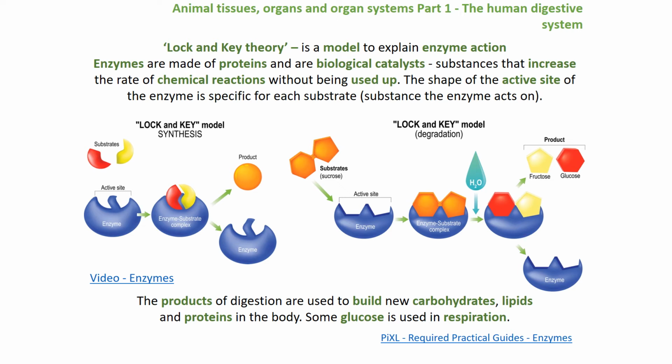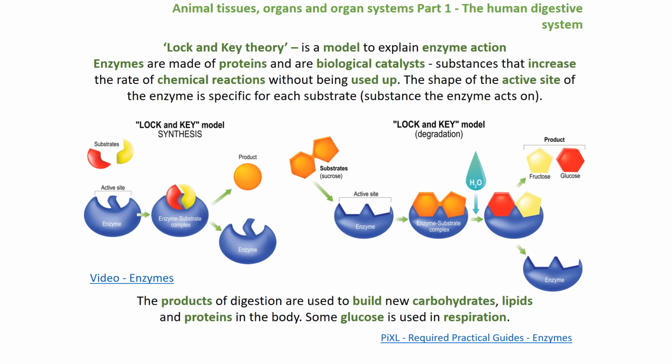So enzymes, how do they work? They work using a theory that we call the lock and key theory, and it's just a model that we use to show and explain how enzymes break down those large insoluble molecules. Now, enzymes are a group of proteins, and they are called biological catalysts.